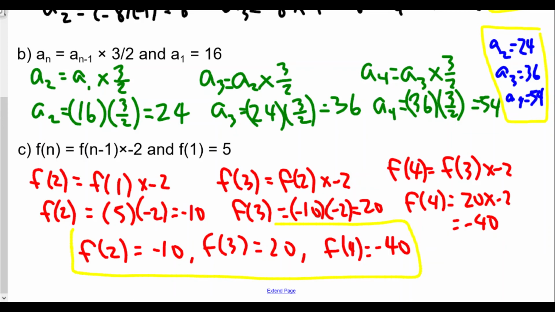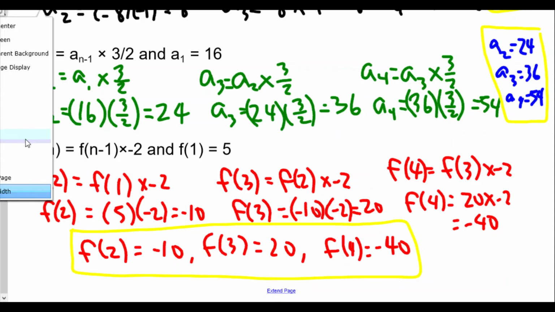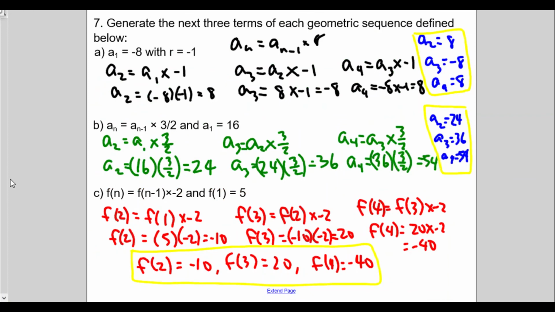So we're multiplying each previous term by negative 2 to find the next one. And so this will be the full page here. All right. So this is how we generate the next few terms of a geometric sequence. We're using our recursion formula, which really is: take the previous term and multiply by the r value to find the next term.